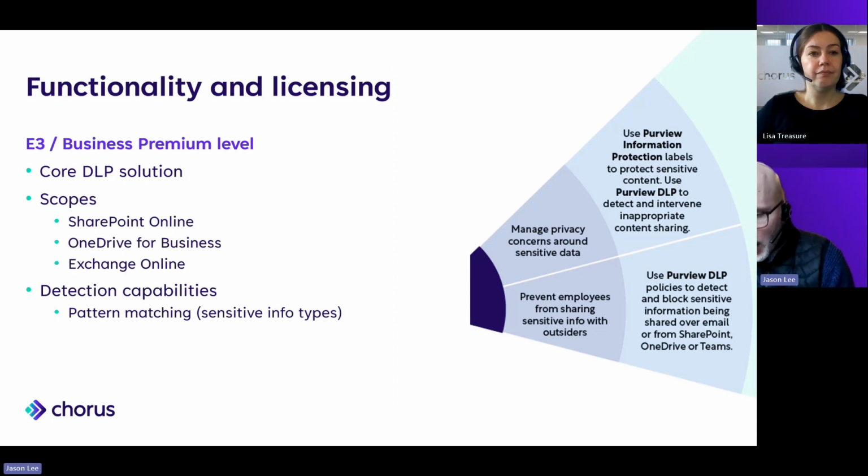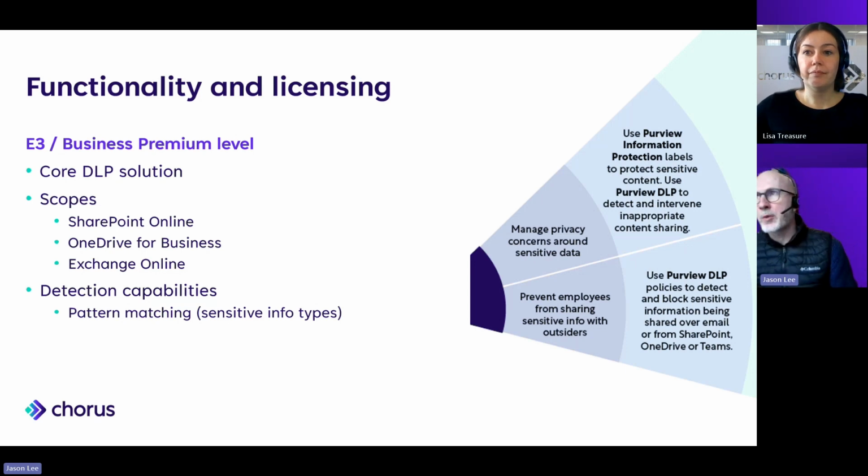So in terms of what you get at each license level, at the E3 or the business premium license level, you get the core DLP solution. So this is scoped to content in SharePoint Online, in OneDrive for Business, and Exchange Online. Bear in mind that SharePoint Online actually underpins pretty much all of your file storage within Microsoft 365.